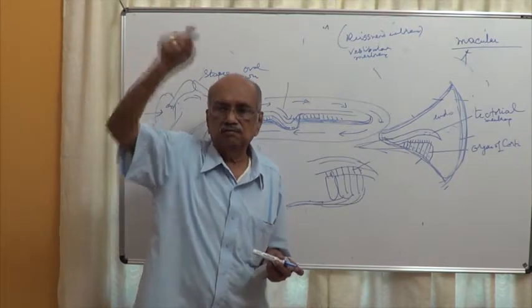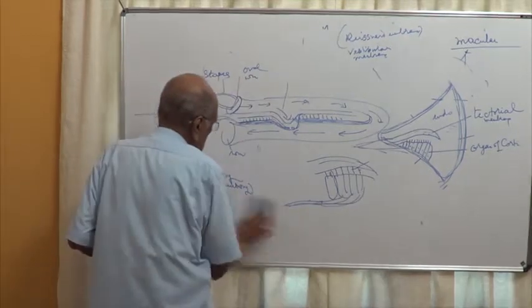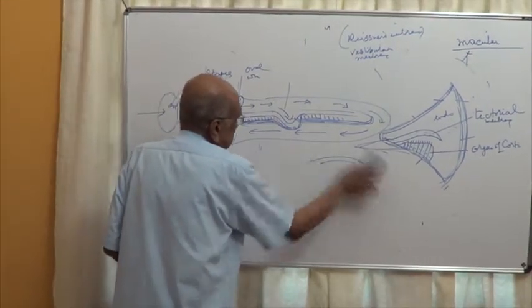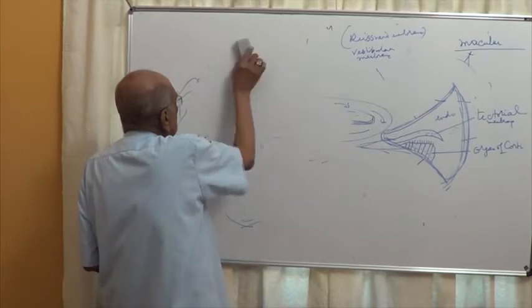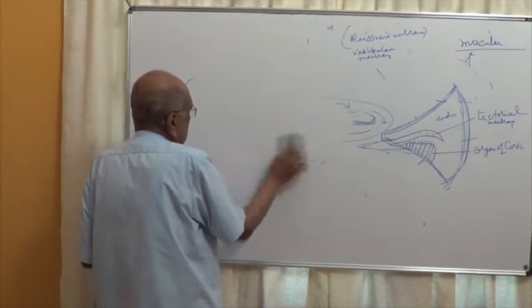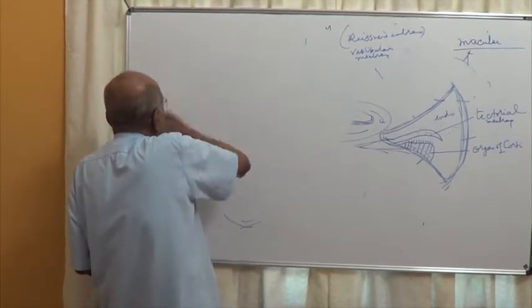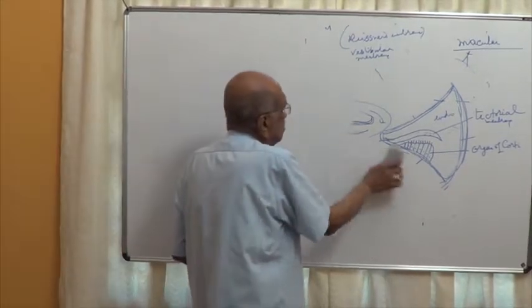From the auditory nerve it reaches the brain. Well, that is how hearing is explained in a simple manner.